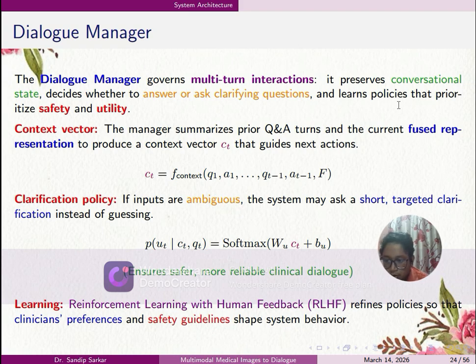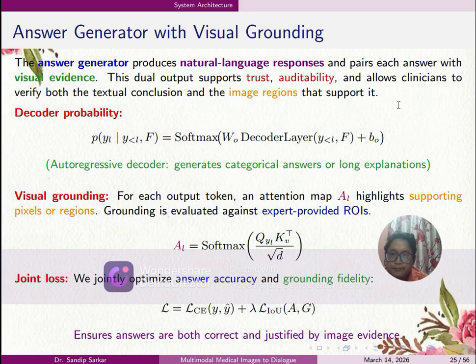The core model supports multi-turn clinical dialogue. Its primary role is to maintain context, understand the question, and decide whether to request clarification or provide the answer. The system may ask for short follow-up questions.